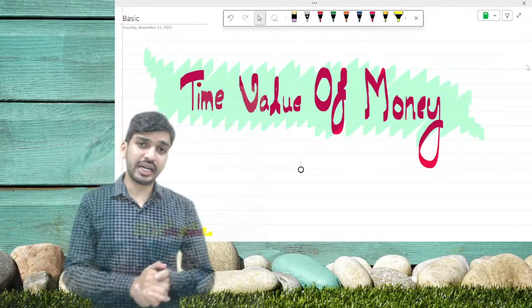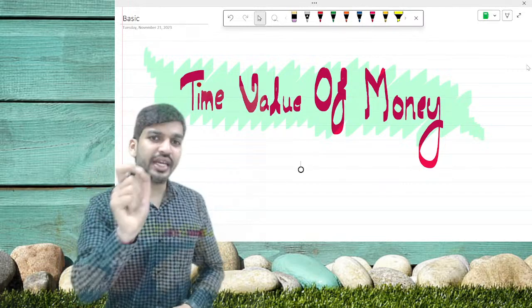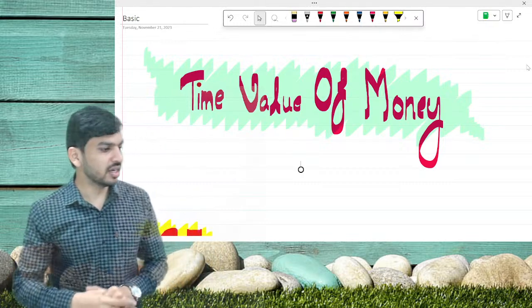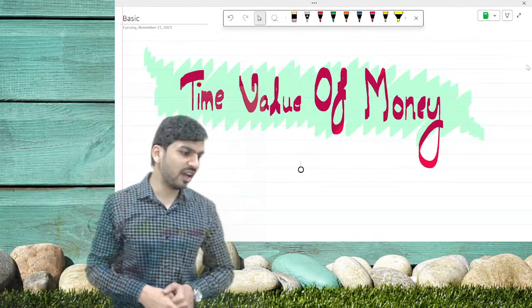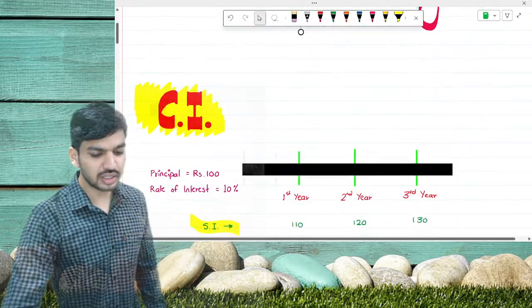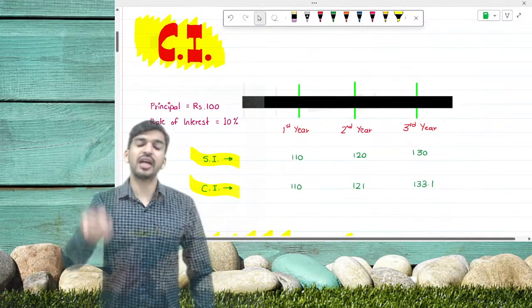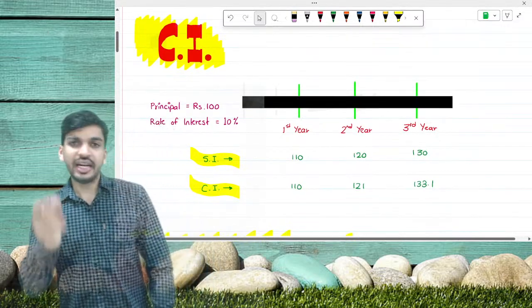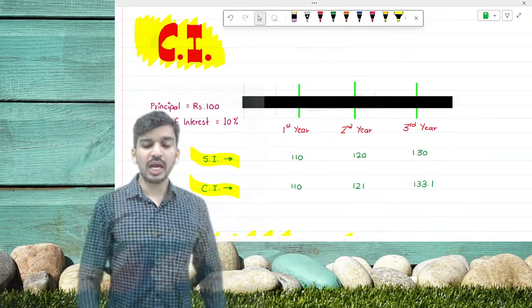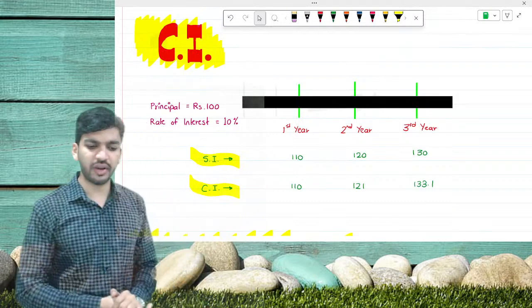But in compound interest, the principal is going to change every year, and your interest is also going to change every year. This is the very basic term that all of you must be aware of.